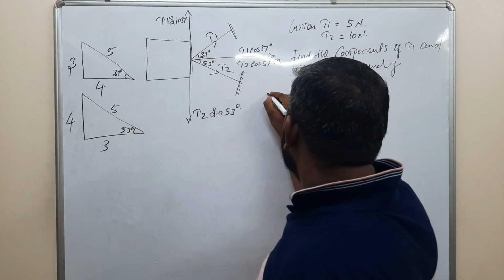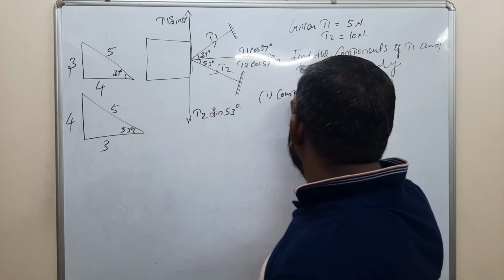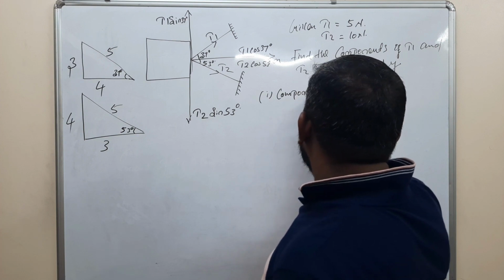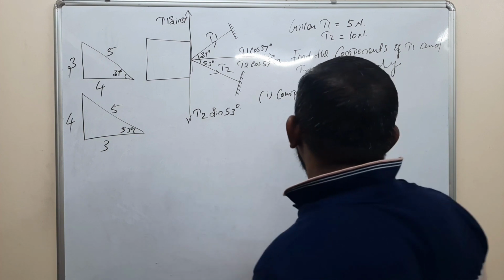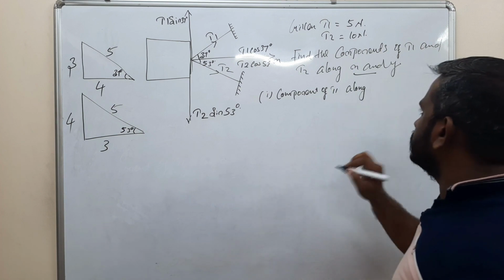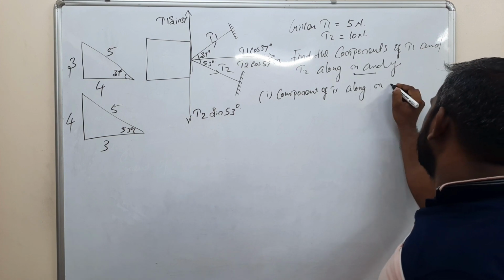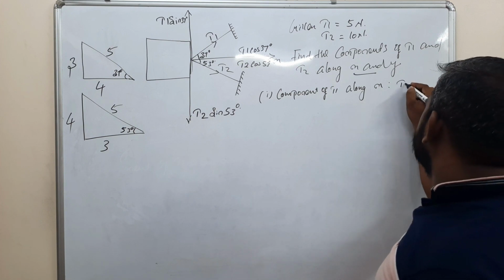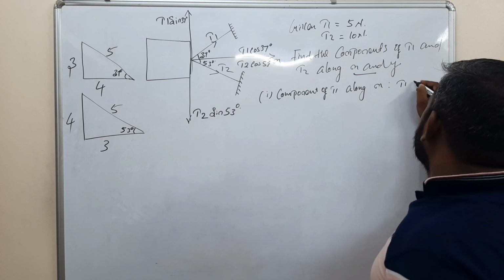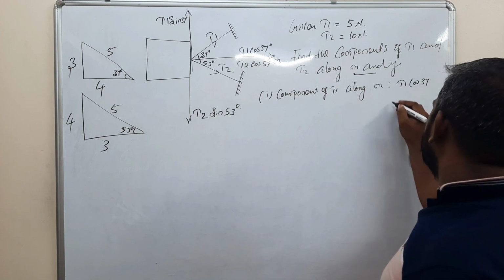So first one. Component of T1 along X, that is T1 cos 37.